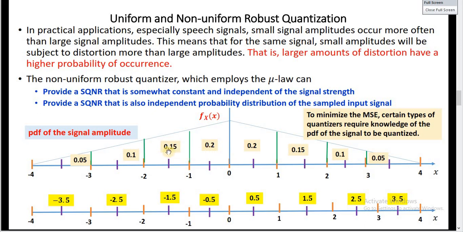It's better if we can find an optimal quantizer which does not require knowledge of the exact shape of the probability density function, and also provides a constant signal to quantization noise ratio for strong as well as weak signal values.